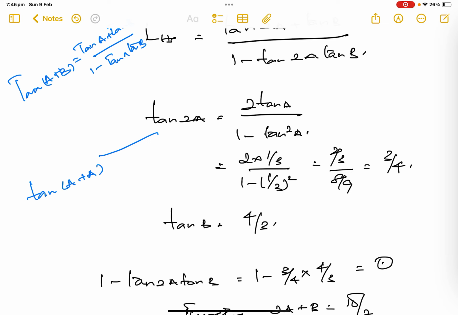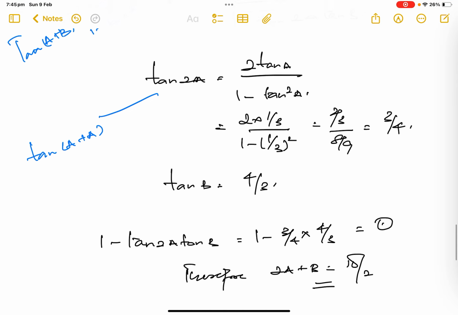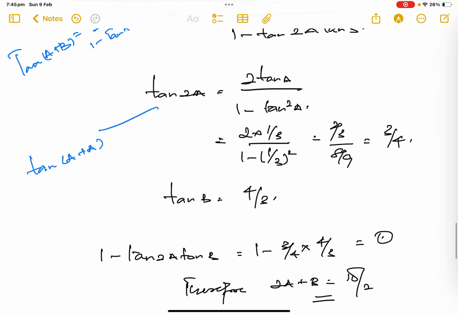If we flip it, it will be 2/3 times 9/8; 2 and 8 have 2 as a common factor, and 3 and 9 have 3. Therefore, it's 3/4. Tan B, we took as 4/3, already we know that.